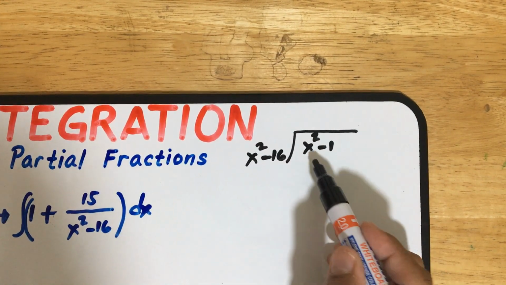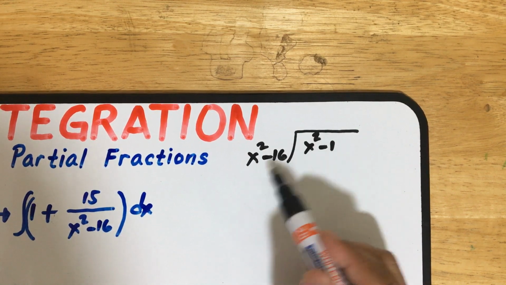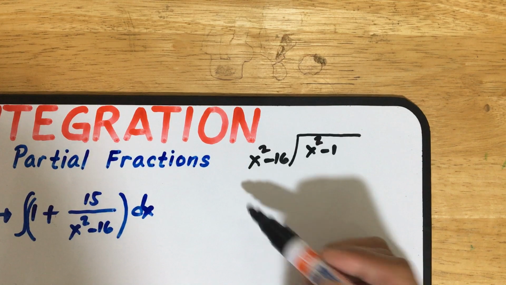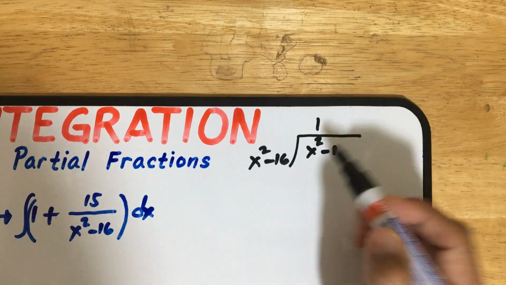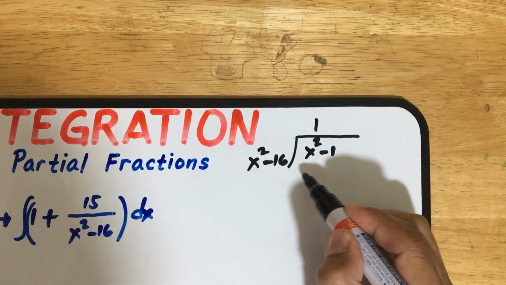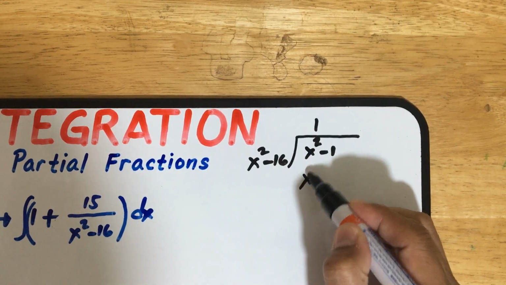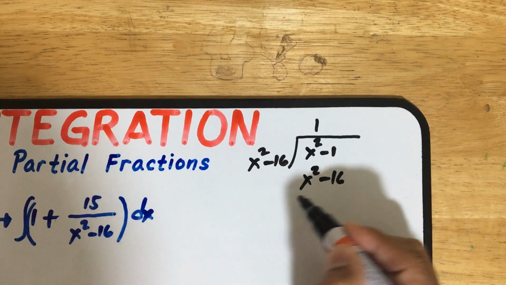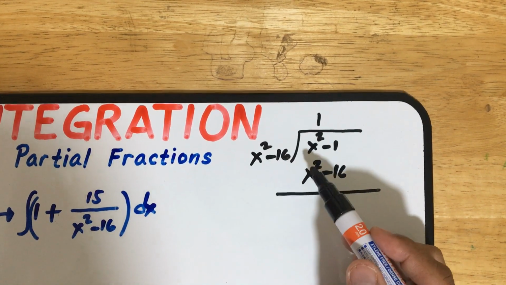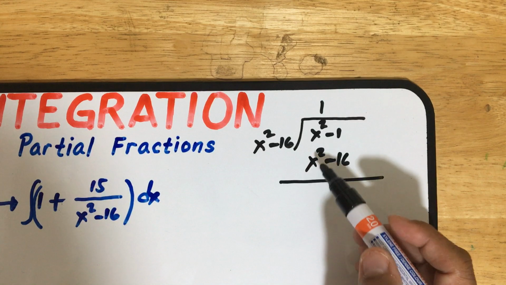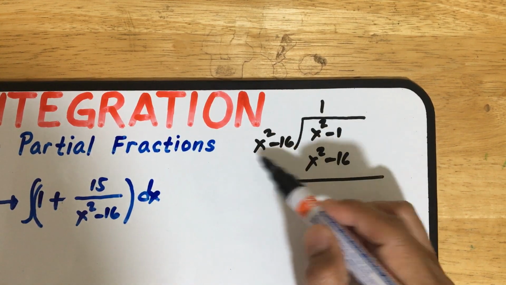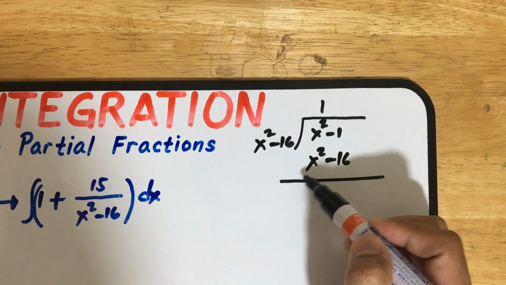When you look at the degree, they are just the same. We have x squared here, so we can have 1 here, multiplied by this divisor, so we have x squared minus 16. And from the rule of division in polynomials, after you get this number here, you multiply it by this divisor, and this is the result.